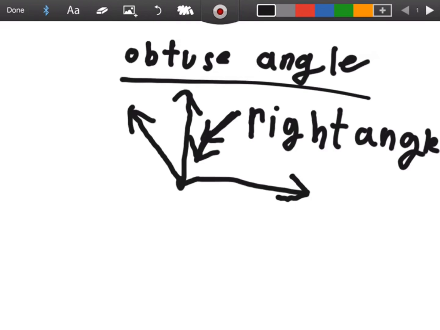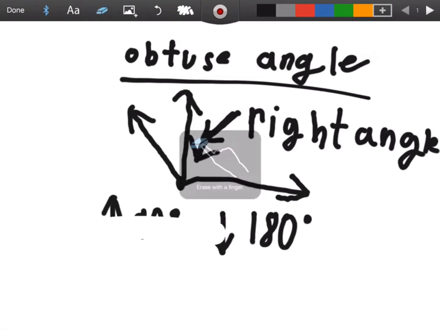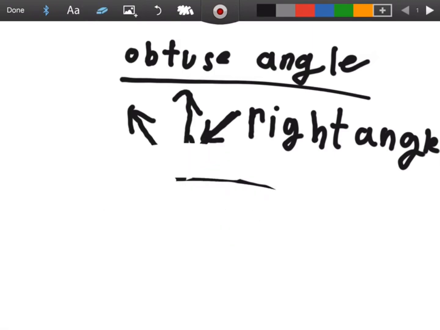You know why? Because the obtuse angle is always more than 90 degrees, but less than 180 degrees. So it could be anywhere from 91 degrees to 179 degrees.